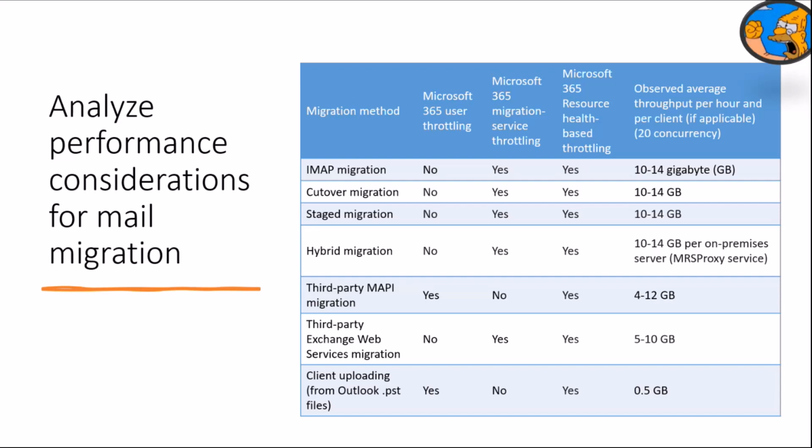Also take into consideration when you create the migration batches that it's not necessarily true that a large mailbox would go slower than a smaller mailbox. If I have a 10 gigabyte mailbox and one of 2 gigabytes, the one with 2 gigabytes will not necessarily go faster. It's also important to note how many items we have in the mailbox, especially if those items have attachments inside. We might assume that before we moved to Microsoft 365, we used SharePoint links as well as OneDrive links to share data between the users.